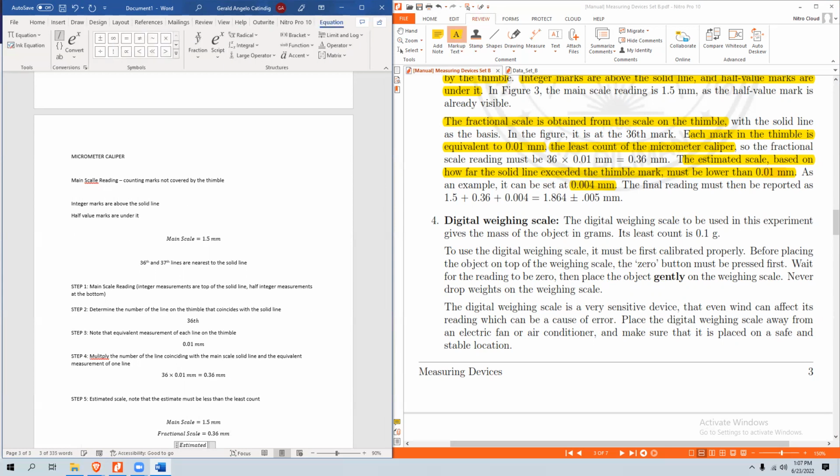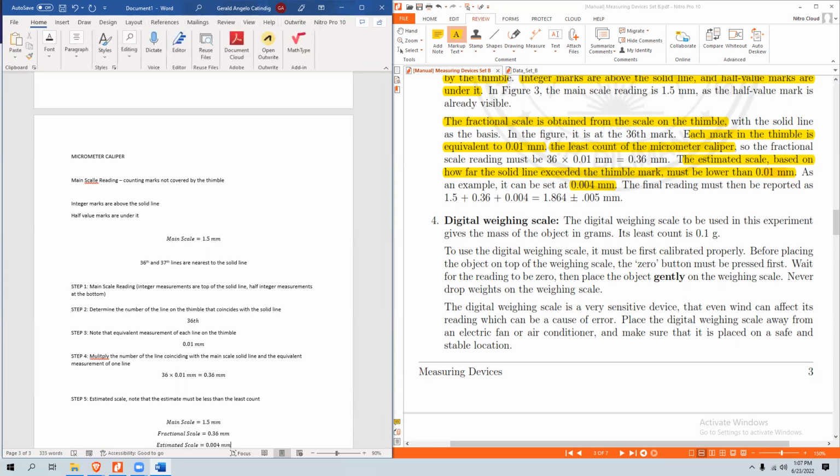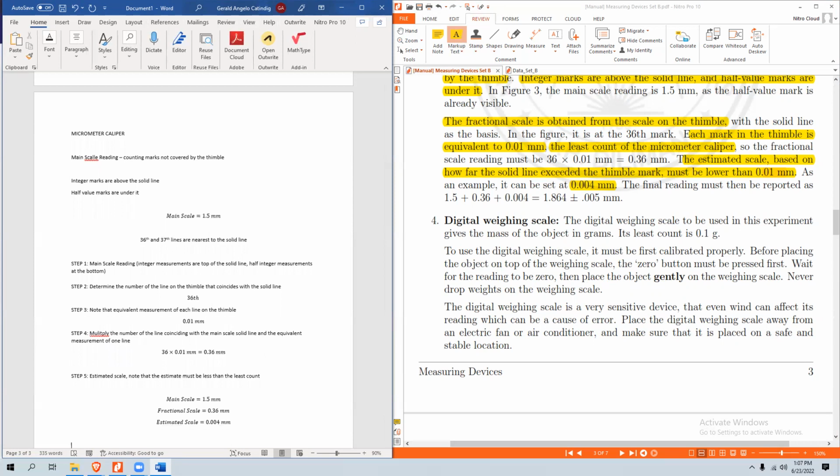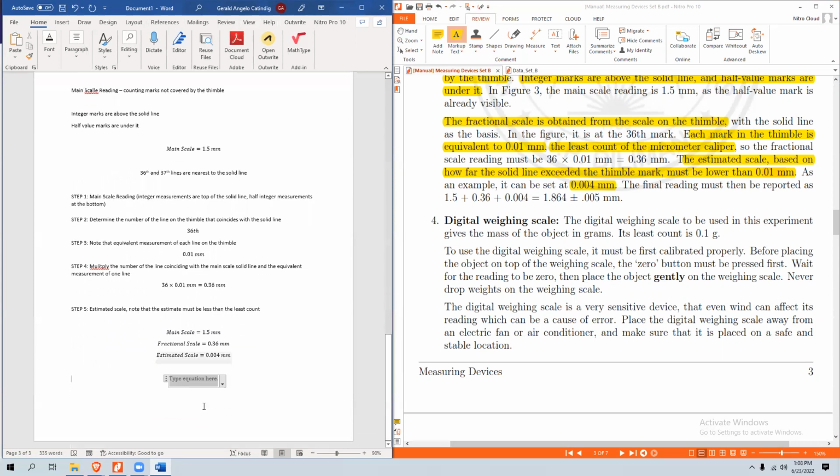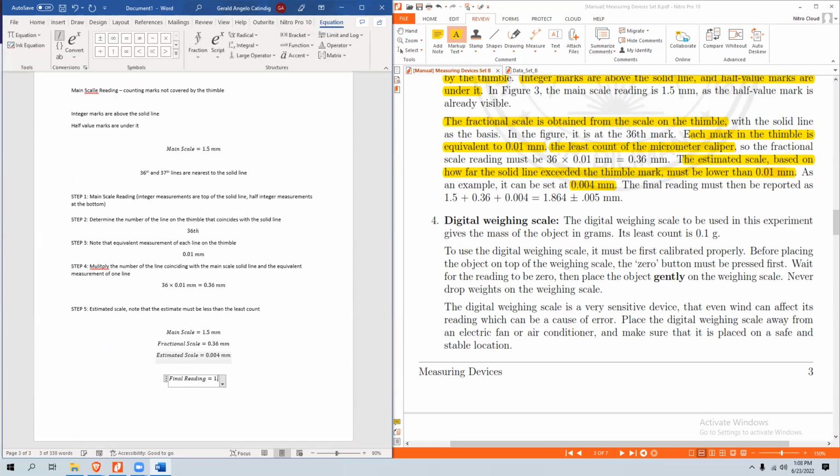And estimated scale is 0.004 millimeters. So all in all, your final reading would be the sum of all these measurements. 1.86 millimeters plus 0.004. So this would be final reading 1.864 millimeters.